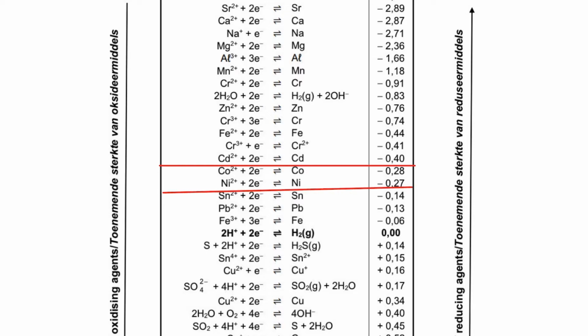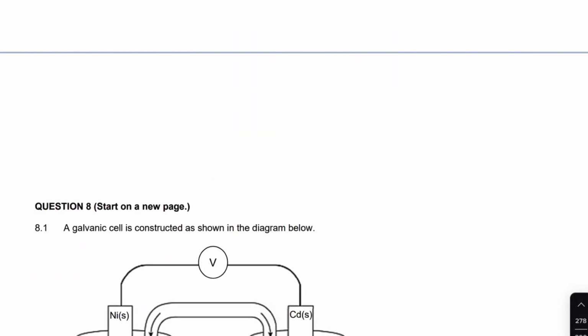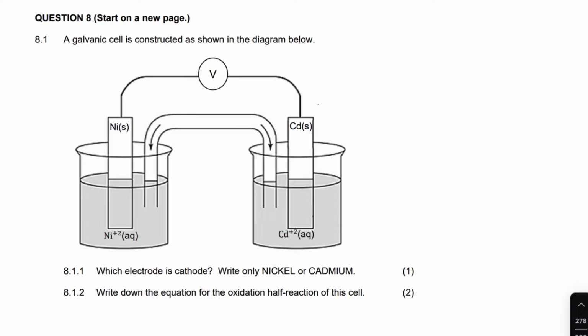This is table 4B, guys. We know in table 4B the one that is on top is oxidation. So the cadmium is oxidizing and the nickel is reduced. This is an anode, and this is negative, and this is positive, and it's a cathode.